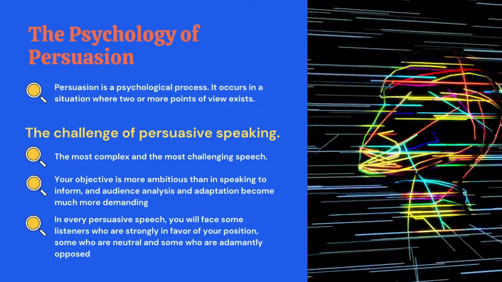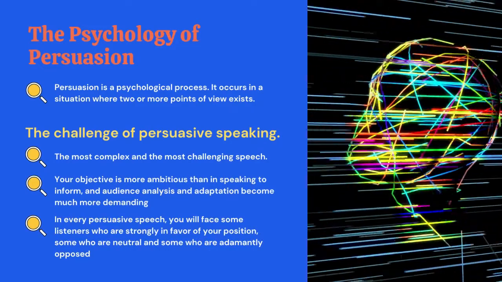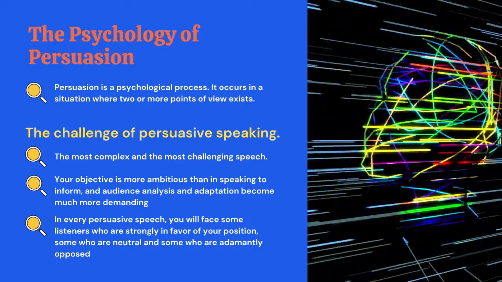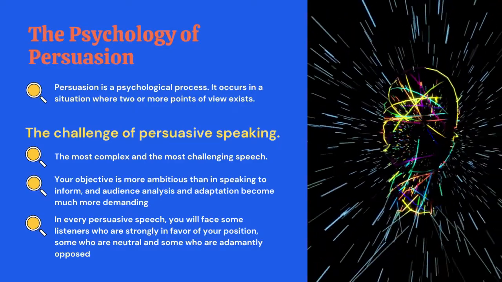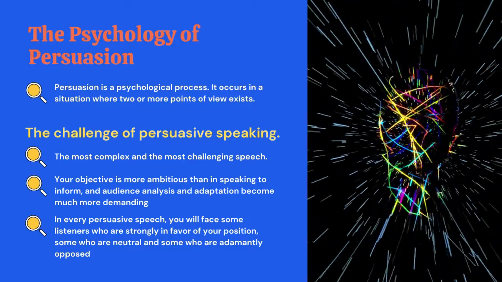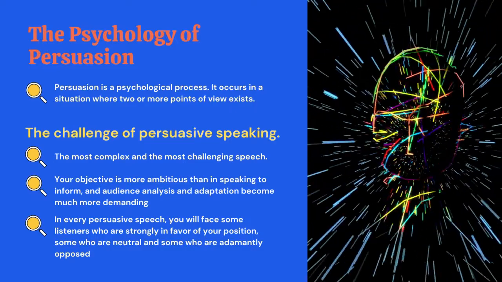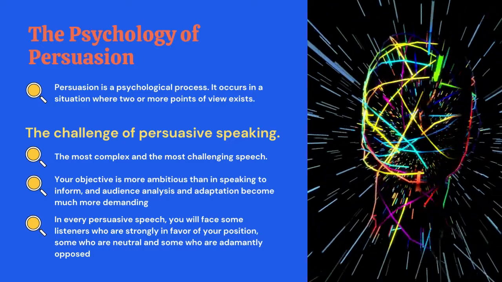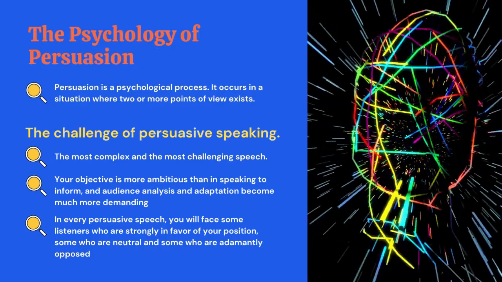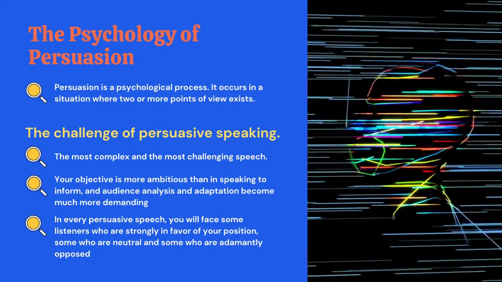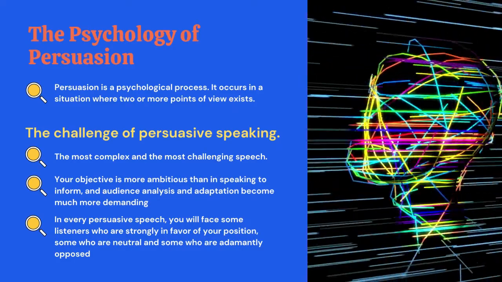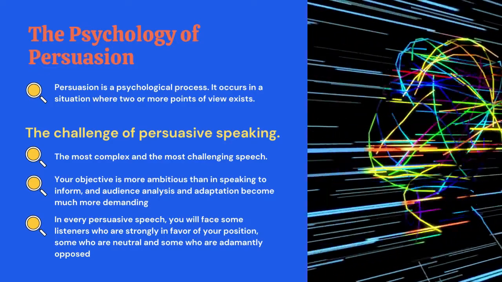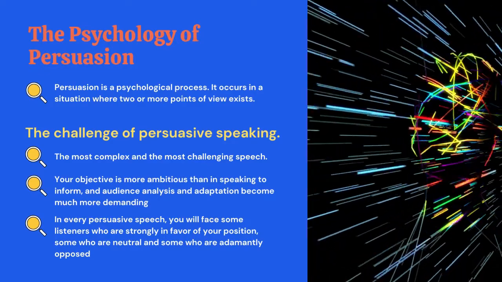The psychology of persuasion. Persuasion is a psychological process. It occurs in a situation where two or more points of view exist. So the challenge to the persuasive speaker is that it is the most complex and the most challenging speech. Therefore, your objective is more ambitious than in speaking to inform, and the audience analysis and adaptation become much more demanding.